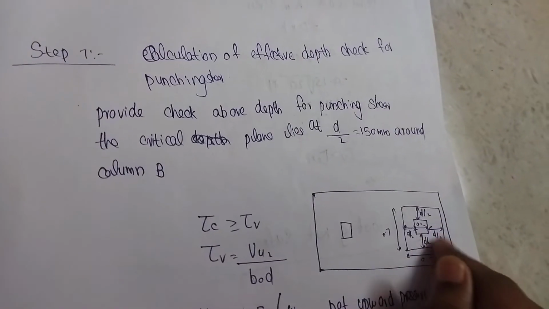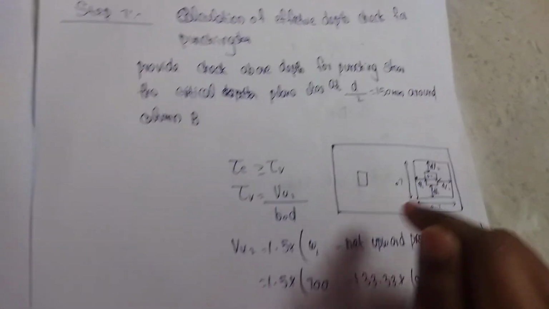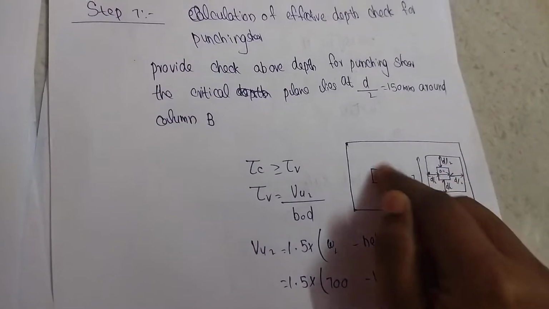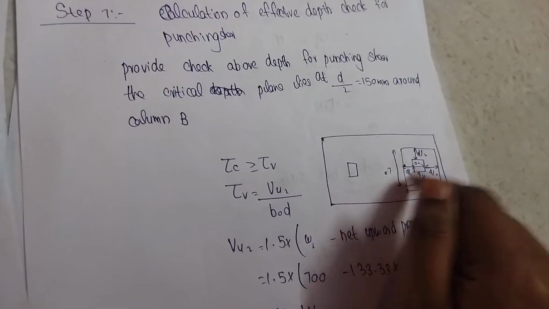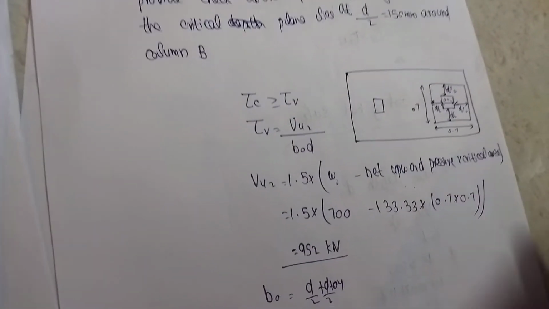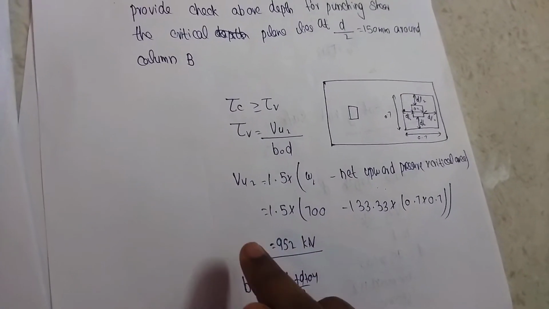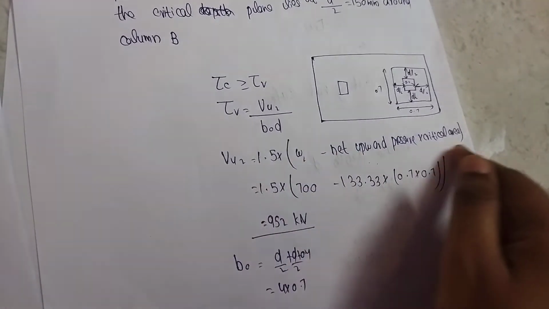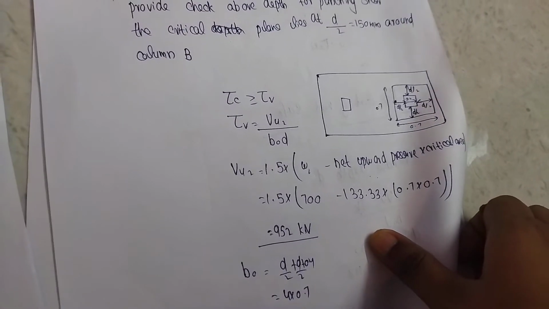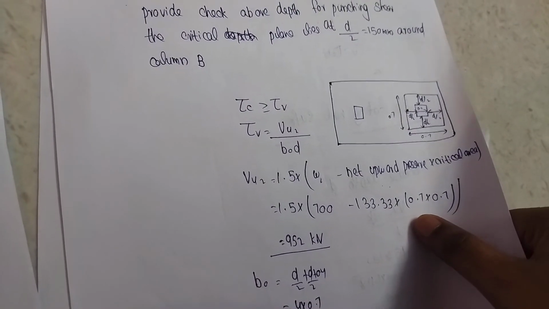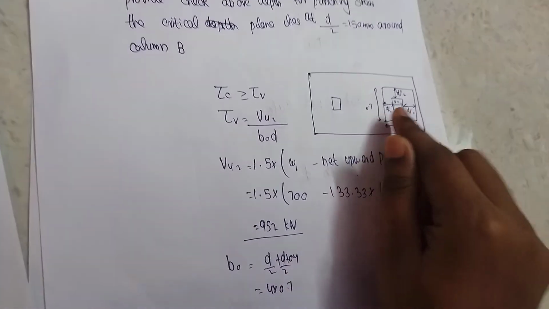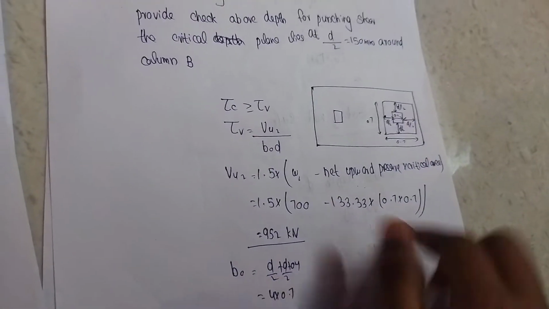Along this 150 mm is the critical plane, where the maximum shear force or punching shear acts, around column B. Then you want to calculate Vu2 by using this equation and b0 by using this equation: d by 2 plus d by 2 plus the size of the column gives b0.